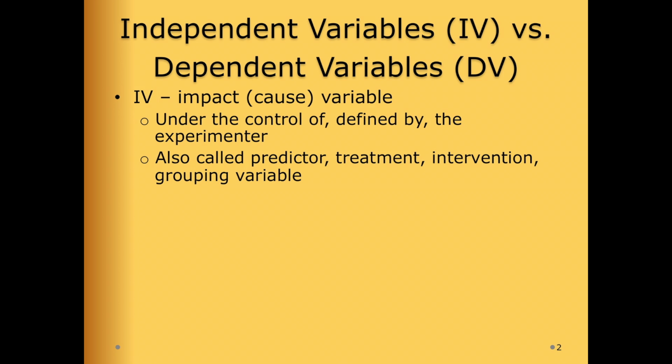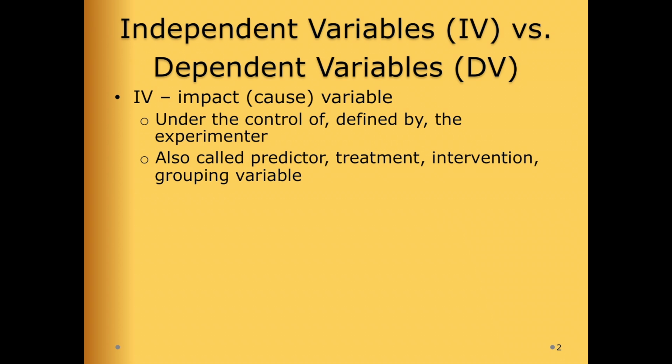In true experimental research, the independent variable is said to be under the control of the researcher because the researcher controls the experience administered to the participants in the study or the experiment.